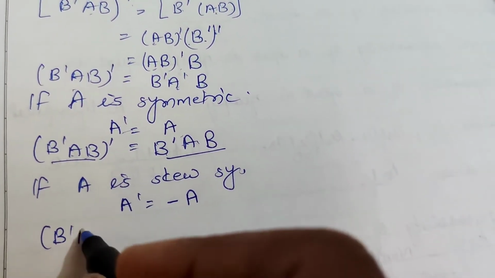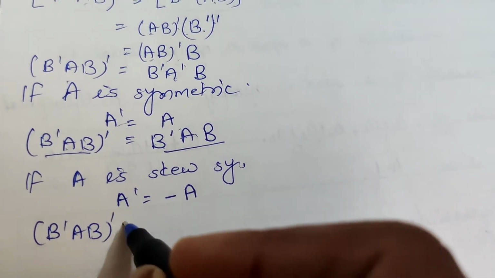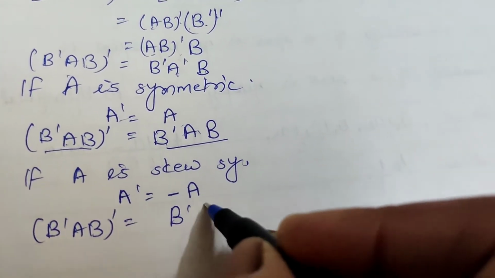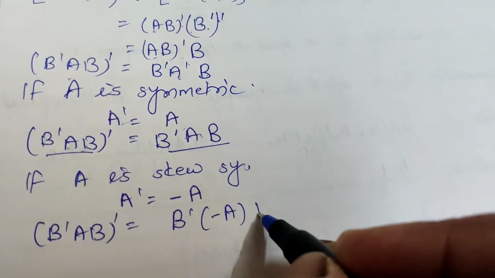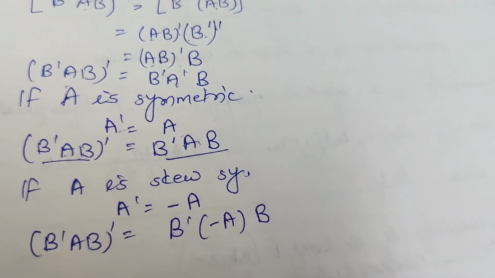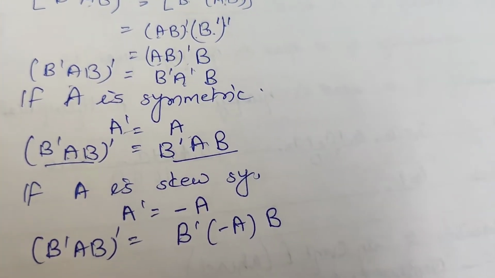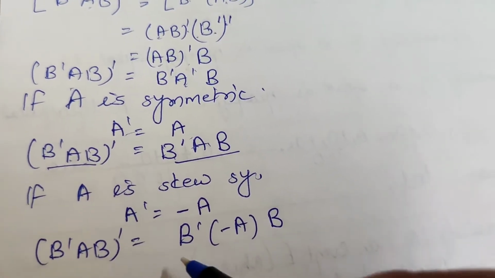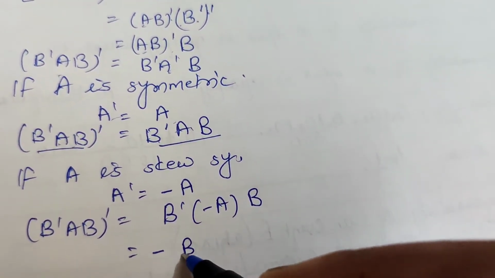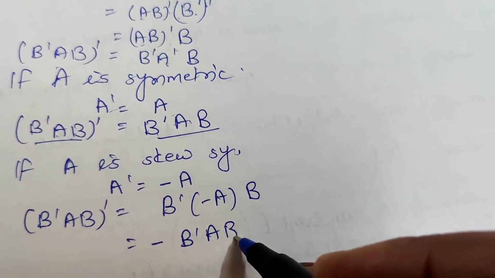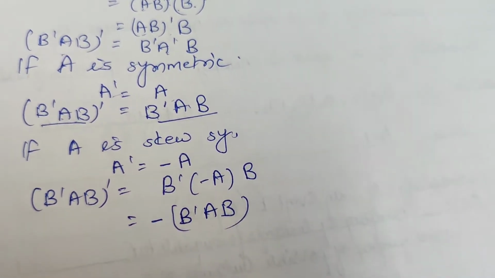B dash A B, transpose of B dash minus A B. Okay, minus A B. So now we can write minus B dash A B. माइनस बाहर ले सकते हैं ये.